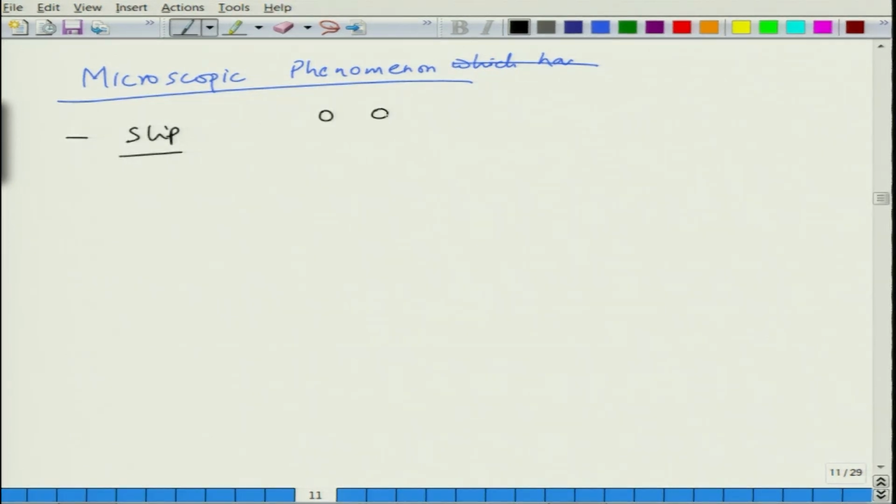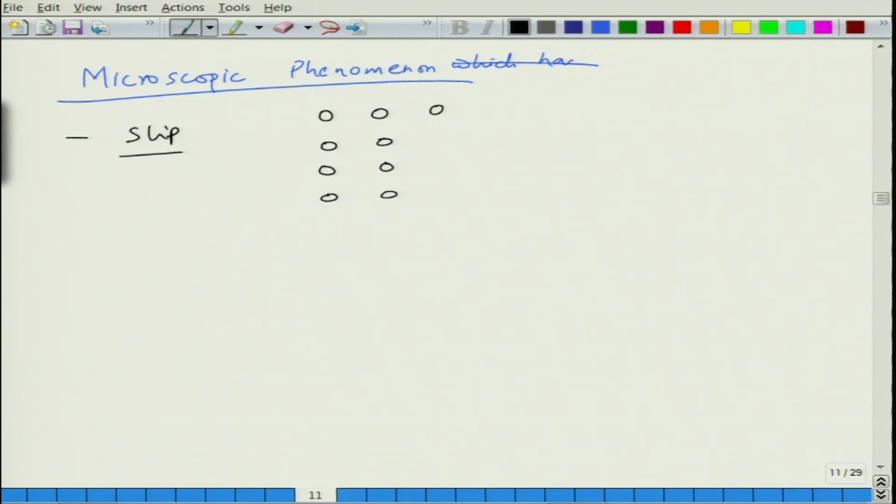So, essentially you have a series of atoms, let us say a material with an ordered array of atoms. Pardon me for a little bit of changes there.